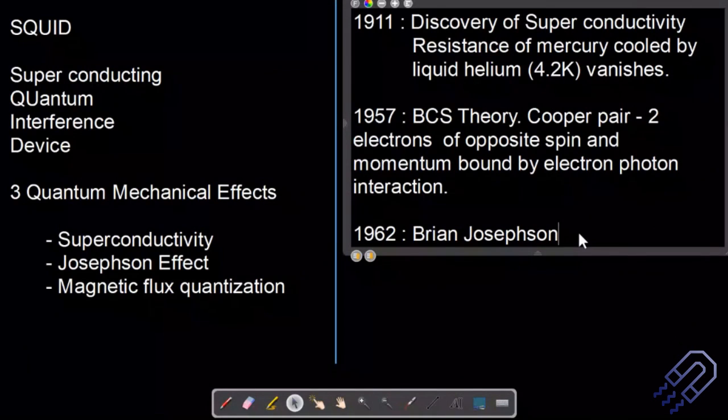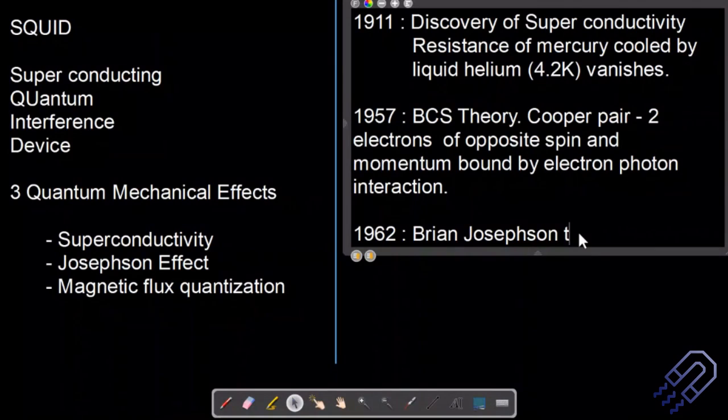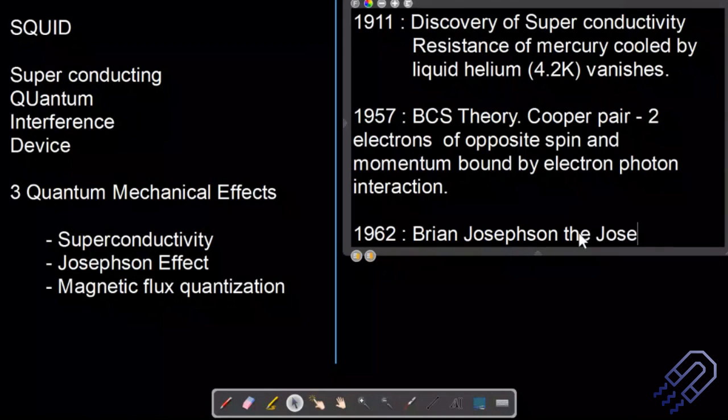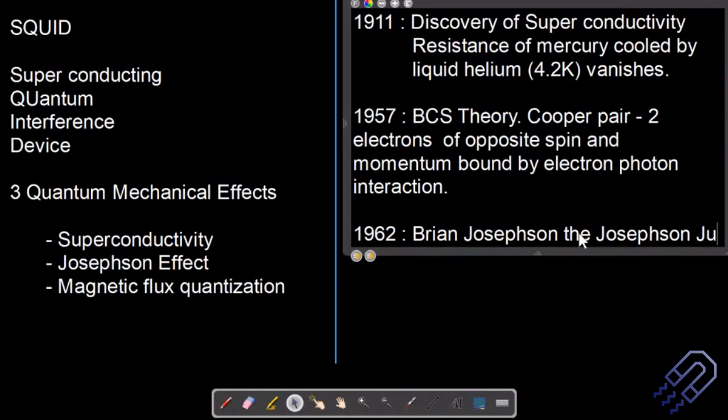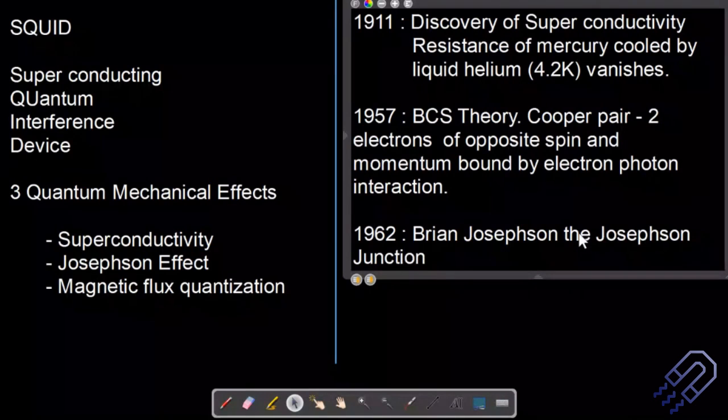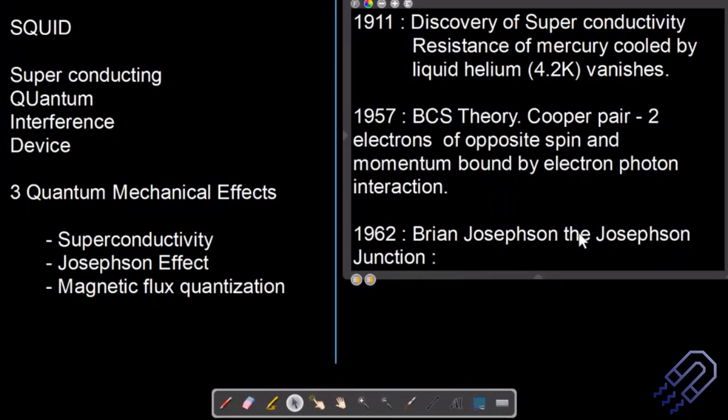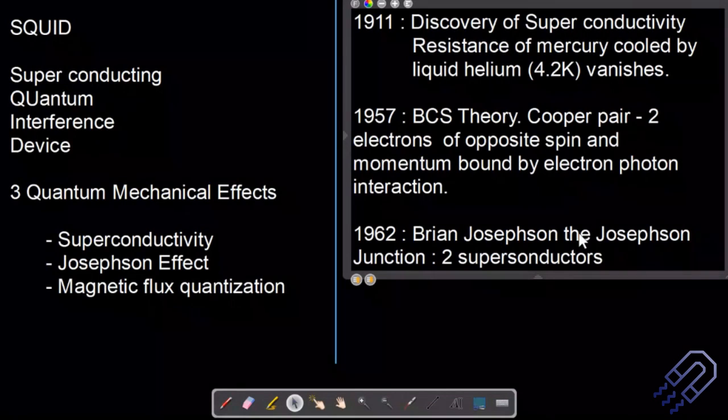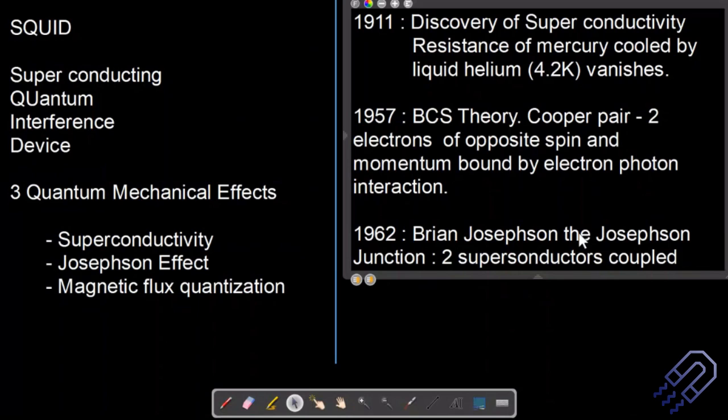Brian Josephson predicted the Josephson junction. I'll tell you what a Josephson junction is. Here you might have two superconductors, same or different, and you can form a junction between them. That junction can have an insulator.